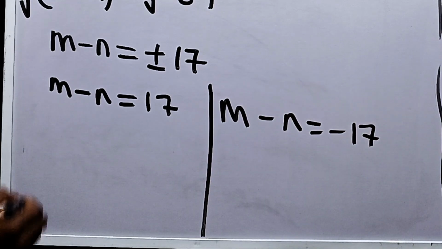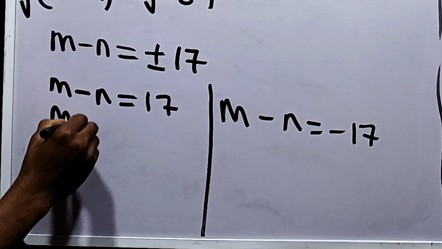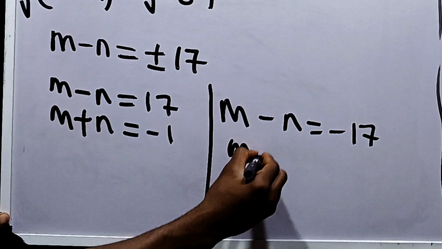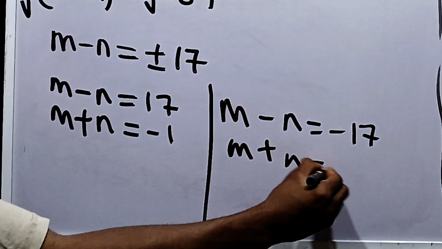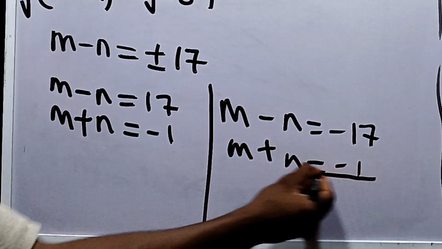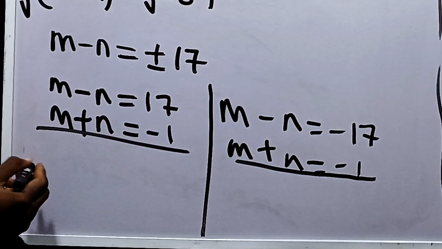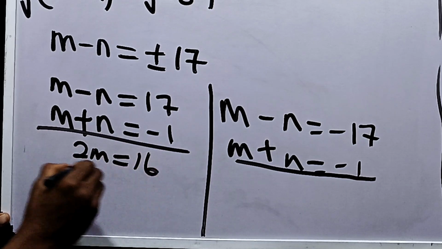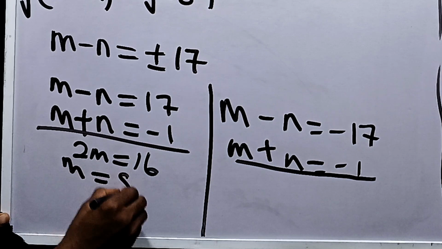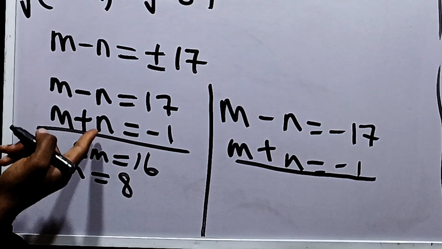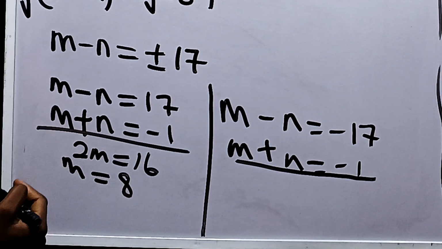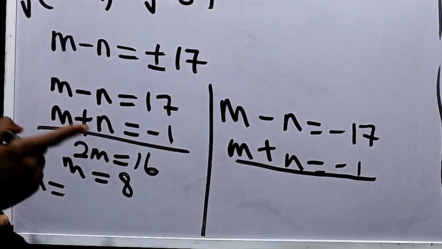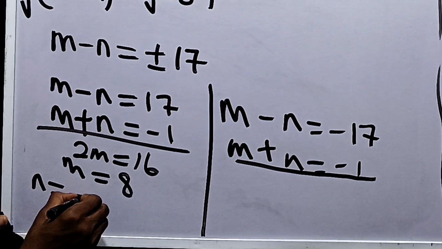Now let's compare this with the equation that says that our m plus n is equal to minus 1. Let's add up these two equations. If we add up these two equations, we have that 2m is equal to 16, m here is equal to 8. Alright? Or putting m as 8 in equation 2, we have that n will be equal to minus 1 minus 8, which is minus 9.